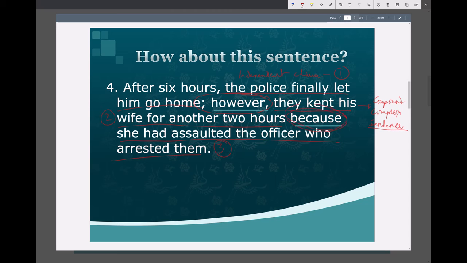Here is connected by a conjunction word, because. Okay. So you have at least 3 clauses in a compound complex sentence that is joined by a semicolon or a comma with a subordinating conjunction.